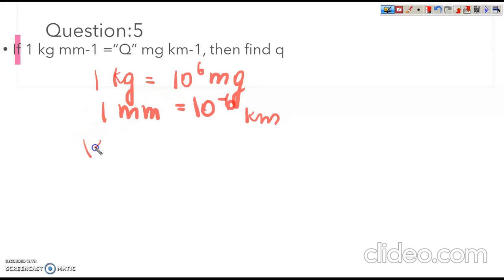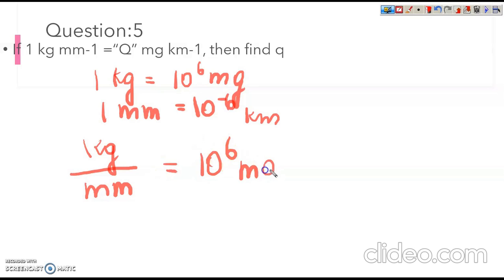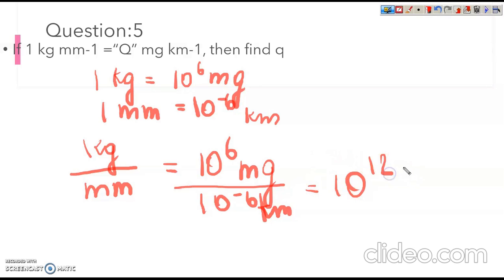Now, we have to divide kilogram over millimeter. 10 to the power 6 milligram over 10 to the power minus 6 kilometer, which is equal to 10 to the power 12 milligram kilometer minus 1.